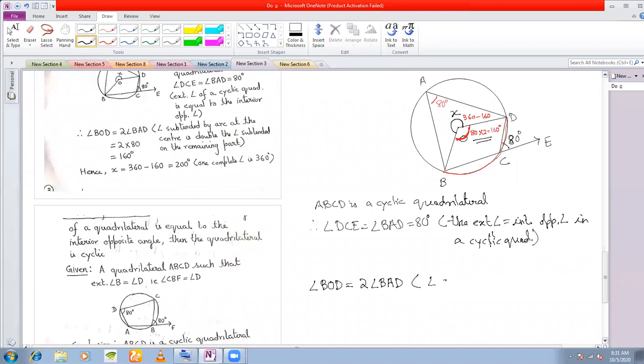Because the angle subtended by an arc at the center is double the angle subtended by it on the remaining part of the circle.